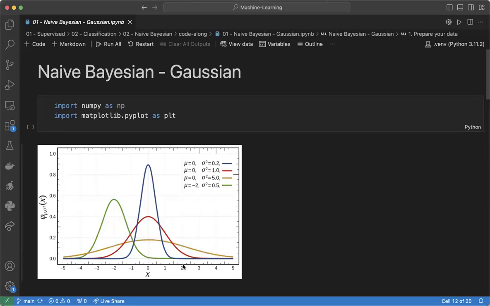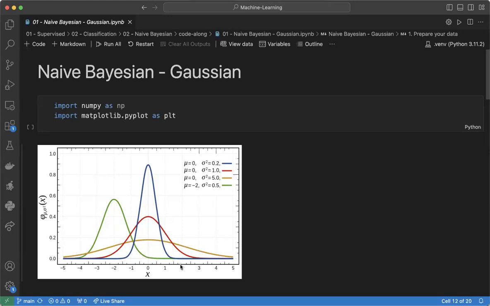So now, let's say I have a sample that has a feature X of 2. What is the probability that it belongs to green? Well, if you take green and look here, it's almost 0, right? If you try blue, it's also almost 0. If you try red, it's almost 0.1. And if you try yellow at 2, it's around 0.1.